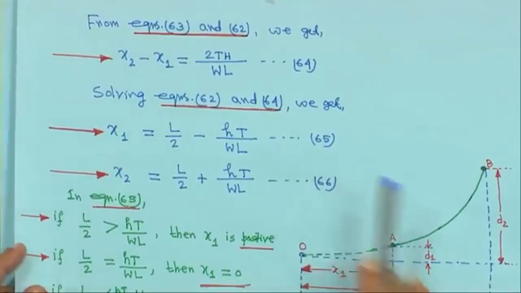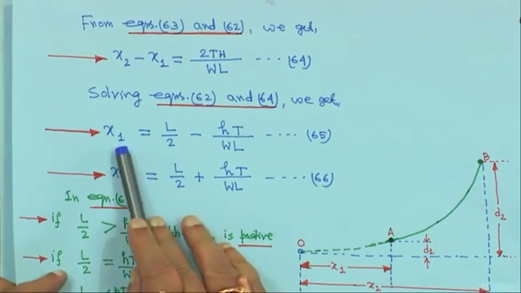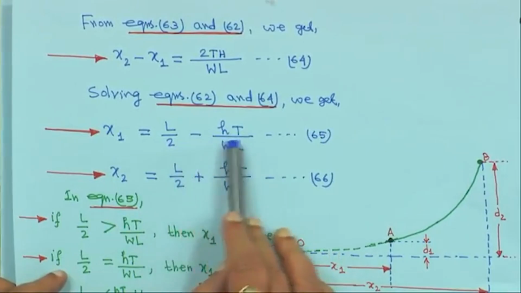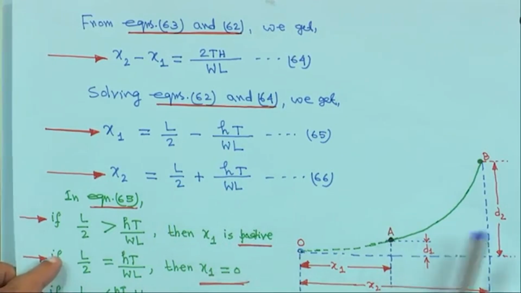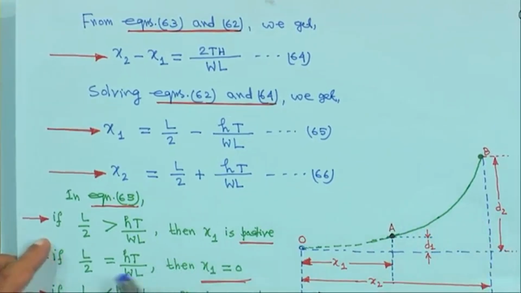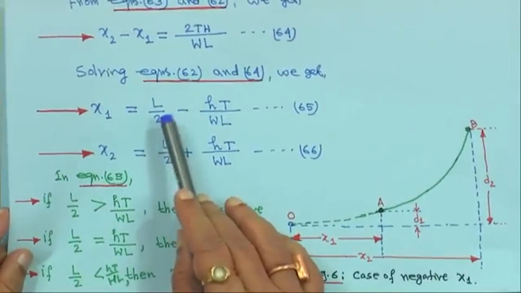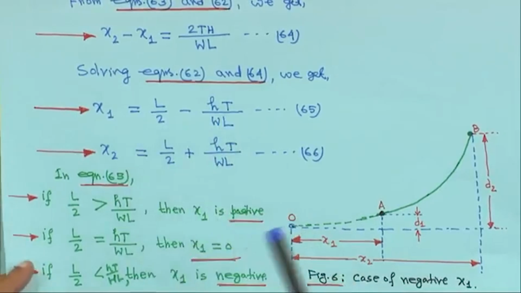Now in these equations, if L by 2 is greater than ht upon wL, then x1 is greater than 0, that is, positive. And if L by 2 is equal to ht upon wL, then these two are equal and x1 is equal to 0.